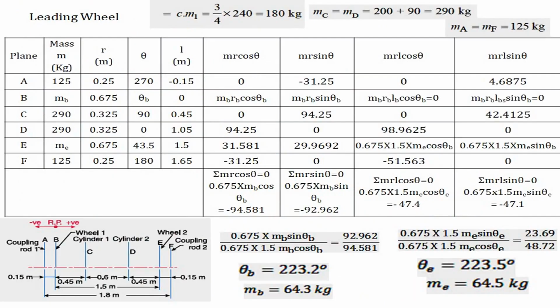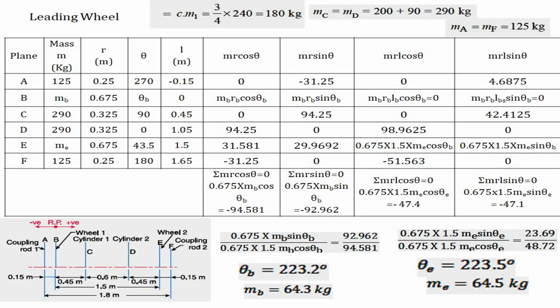First of all, we will follow the analytical solution in which the total reciprocating mass is 240 kg. Fraction C is 3/4, so 3/4 of 240 kg is a total of 180 kg of reciprocating masses which we are going to balance. But as we know, this is the total reciprocating mass, so we have to divide it in equal parts. 180 will be divided into two equal parts: 90 kg in a leading wheel and 90 kg in a trailing wheel.